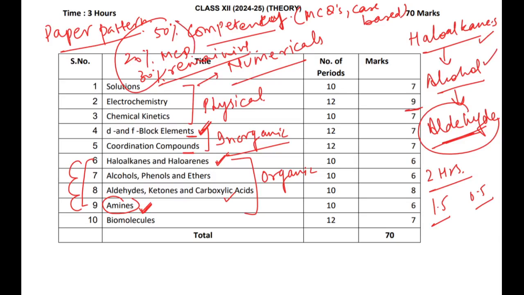Okay, so you should take care of the 50% competency questions, and start your preparation right from today, because if you are not serious about doing difficult kinds of questions, you may face problems attempting competency based questions.